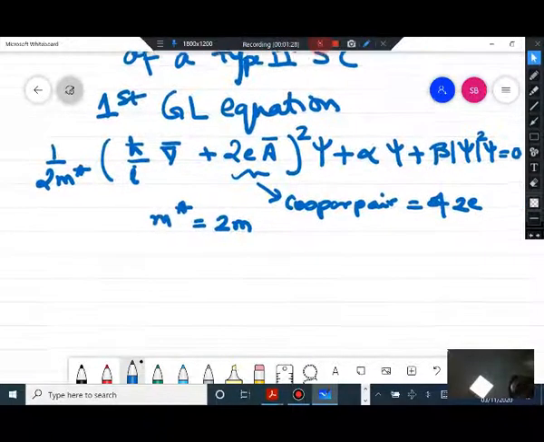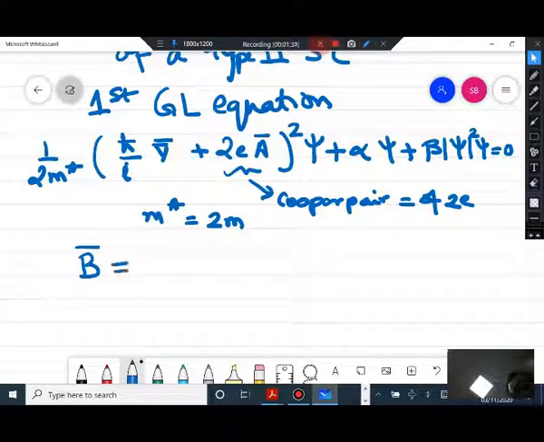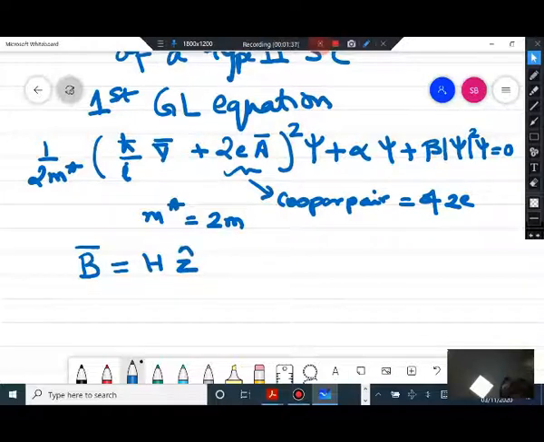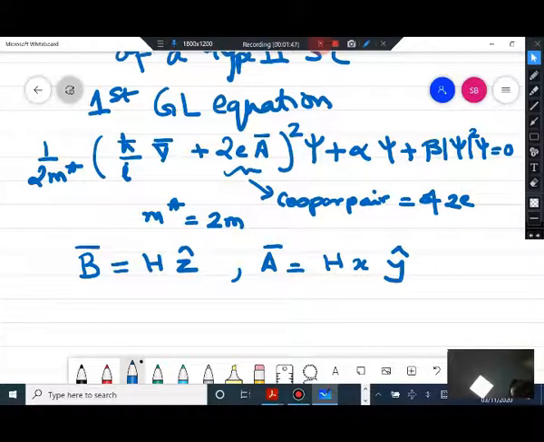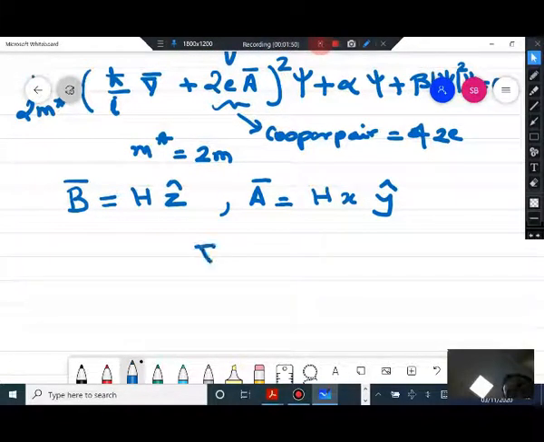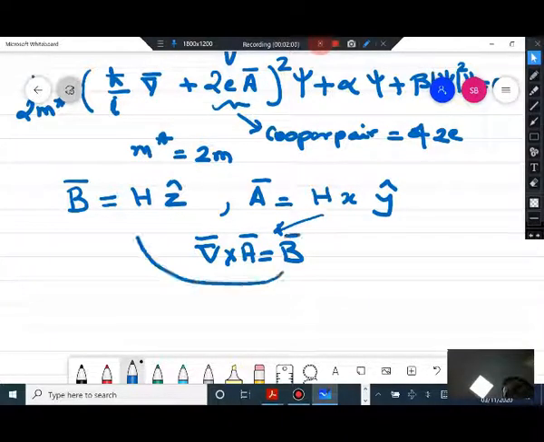So this is the first Ginzburg-Landau equation. Now what we do is consider that the magnetic field B that we apply is H times z cap. Namely, we are applying a magnetic field in the z direction, and we can write the vector potential as Hx y cap. This is easy to show if you consider that curl of A is equal to B. If you put this expression in, you will get exactly this out, by using the curl in rectangular coordinates.